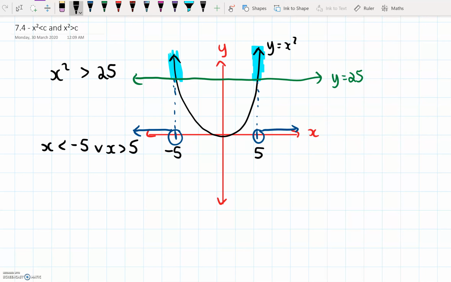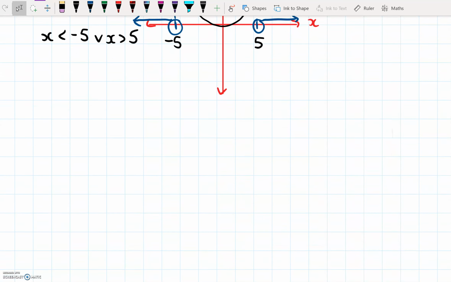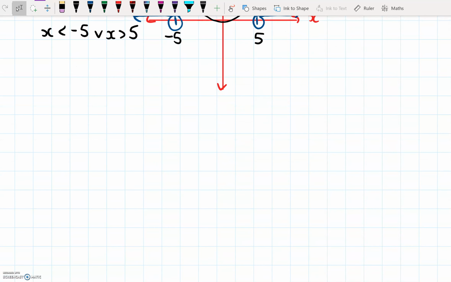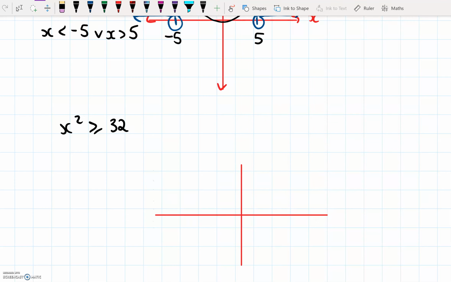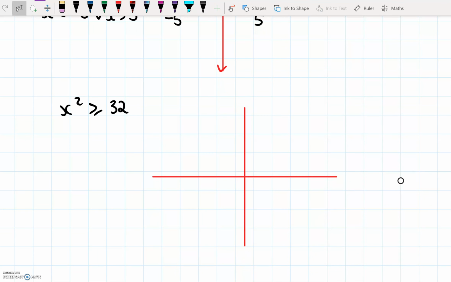Now, usually these are going to be asked of you in exact form. So we might get a question like x squared is greater than or equal to, I don't know, 32. Again, we always draw a sketch because it's a quadratic equation. With a quadratic inequality, always draw a sketch.